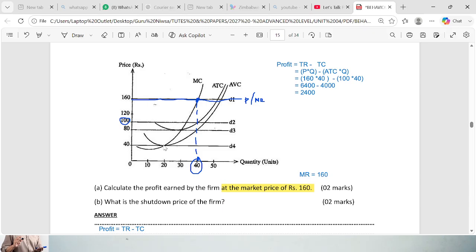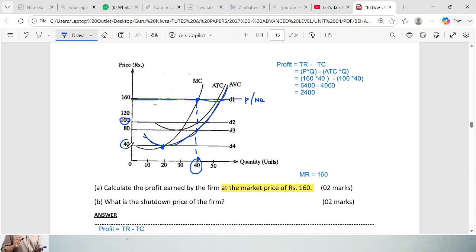In this graph, look at the average variable cost curve. This is the average variable cost curve. This is the lowest point, or minimum point, of average variable cost. This means 40 rupees.